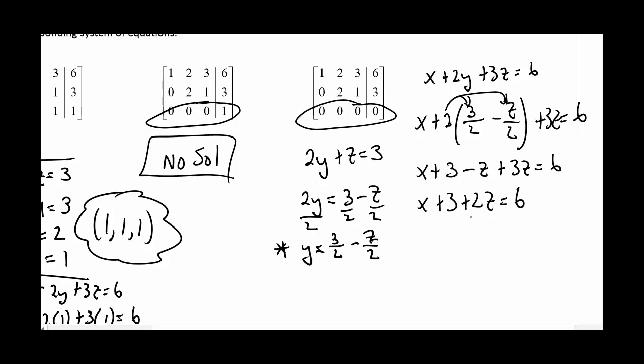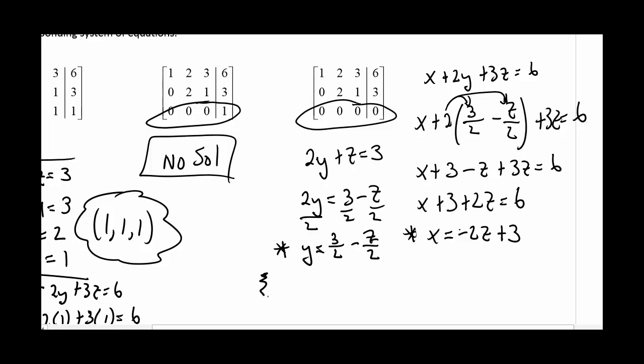And then I'll bring everything over except for the x. So x equals negative 2z. Take the 3 over, so that's 6 minus 3, so that's actually plus 3. And now I've got a formula in terms of z. Okay.